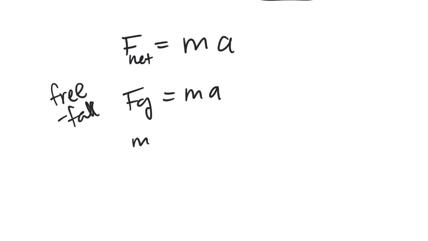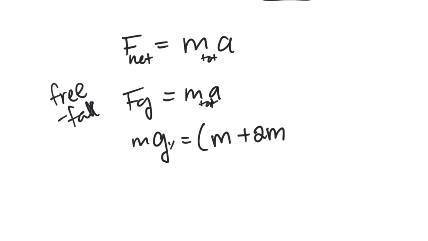And then F of G is going to be the mass of y. Let's just do mg y is going to be equal to my total mass, which is going to be m plus 2m times acceleration.